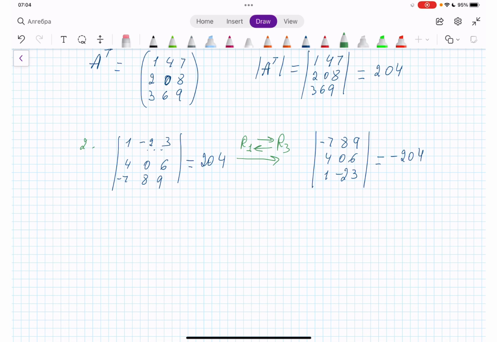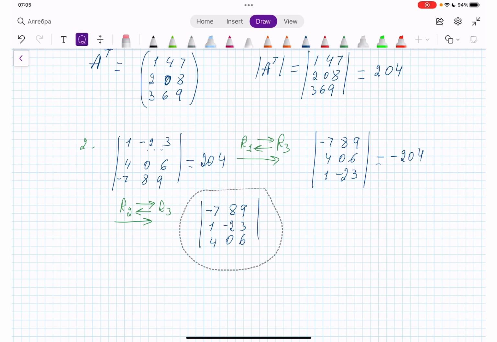From what we have, determinant -204, we swap the second and third one, and we are getting -7, 8, and 9, 1, -2 and 3, 4, 0, and 6.